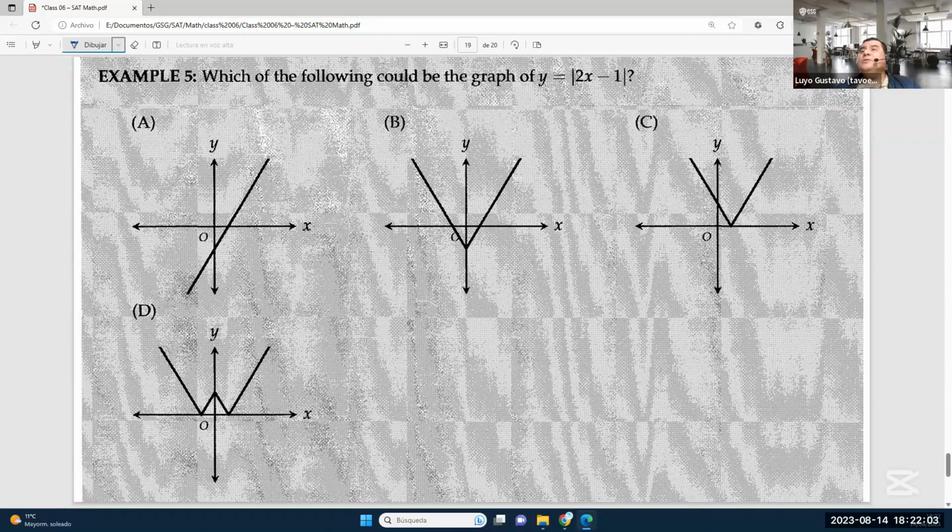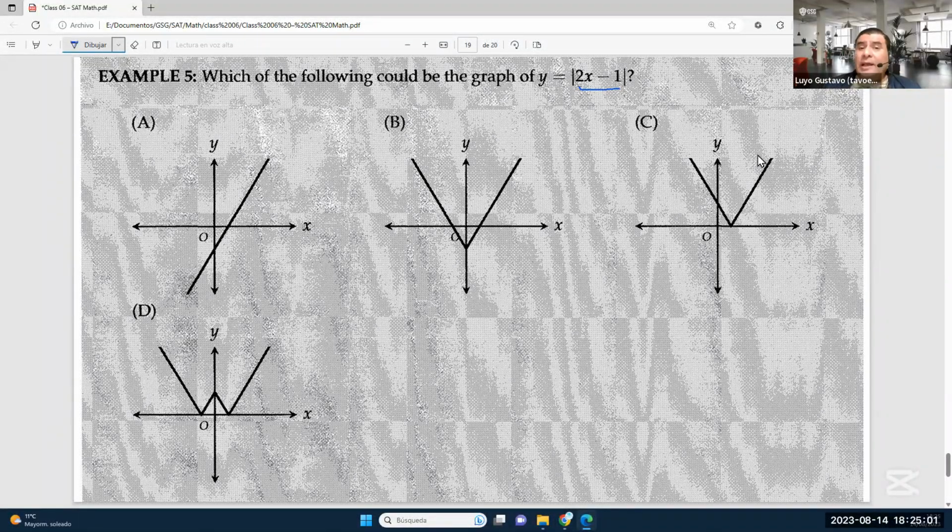So, thinking about this, which of the following could be the graph of y equals the absolute value of 2x minus 1? Let's see the answer to this. First, what kind of function do we have here? It is the absolute value of a linear function. Because if we say y equals 2x minus 1, what is that?